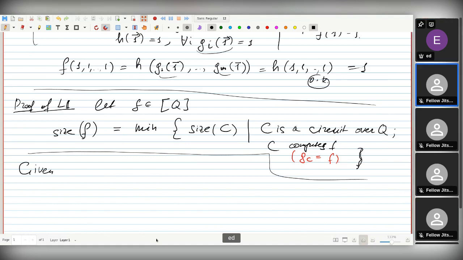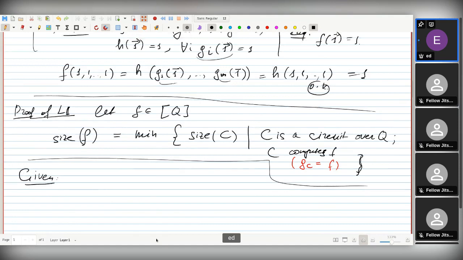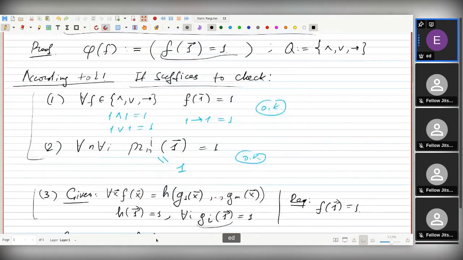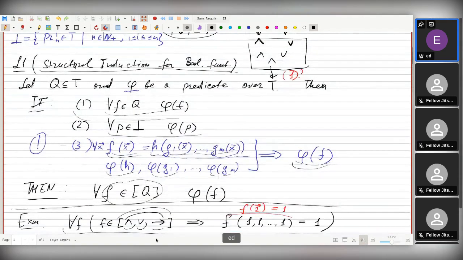Yeah. Okay, now let us return to our statement. What is given? These claims 1, 2, and 3 are given. And it is required to prove that every function f that belongs to the closure of Q satisfies property phi.